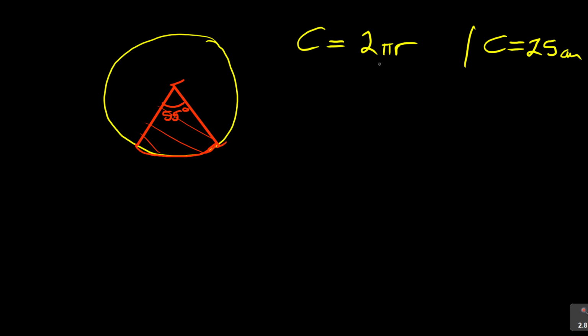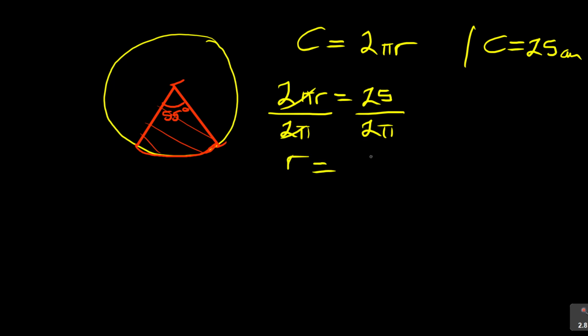So using C is 2 pi r, 2 pi r is equal to 25. Divide by 2 pi, divide by 2 pi to remain with r. So radius is equal to 25 over 2 pi. You can leave it like that, because there is no straight answer.